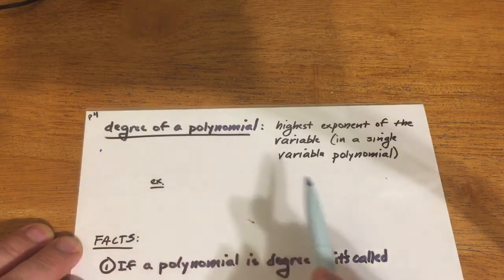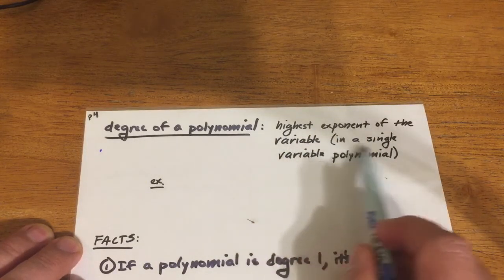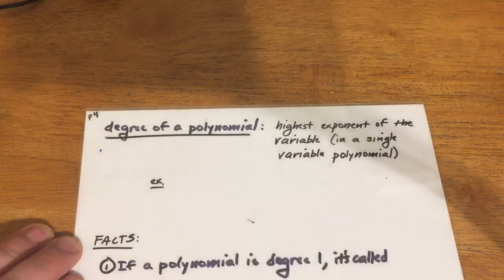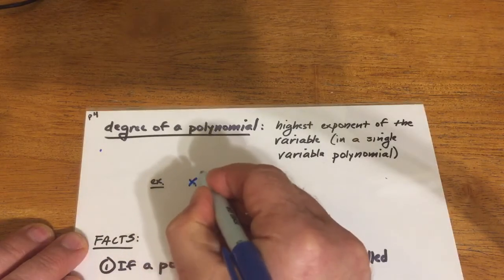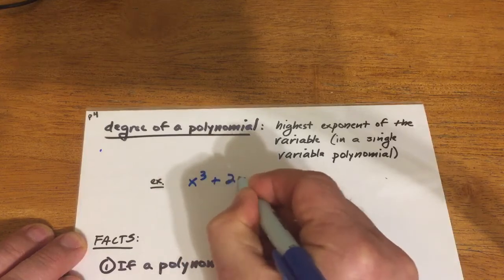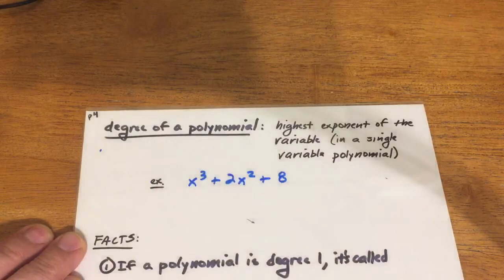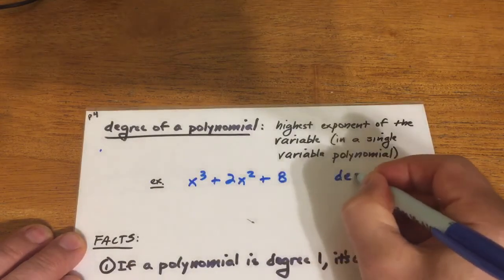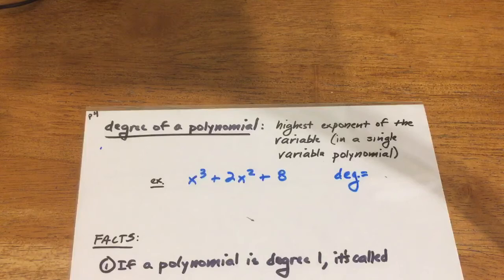So for the degree of a polynomial, we get the degree by taking the highest exponent of the variable in a single variable polynomial. For instance, suppose that we've got x cubed plus 2x squared plus 8. What's the degree going to be? Think about it. Well, hopefully you figured out that this has degree 3.